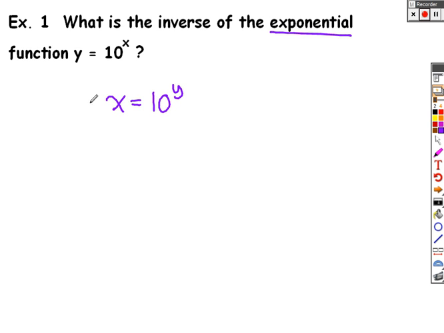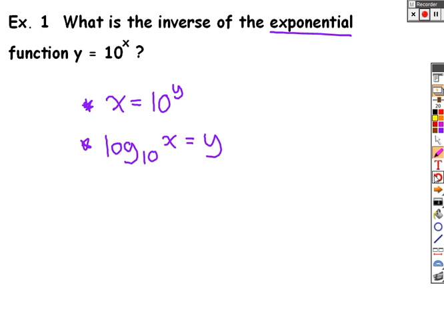So I can rewrite this as log. Your base is 10. Your exponent is y. And then the argument is x. So these are saying the same thing. This is like saying 10 to the y power equals x.